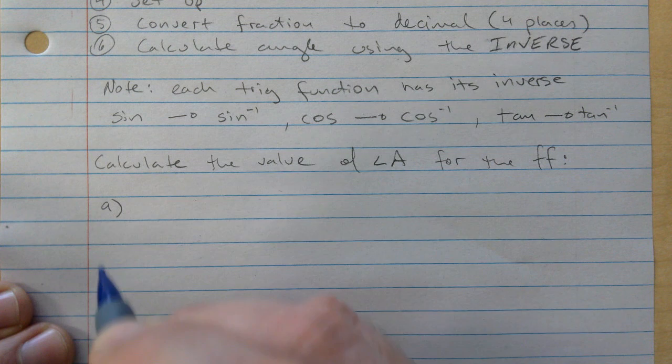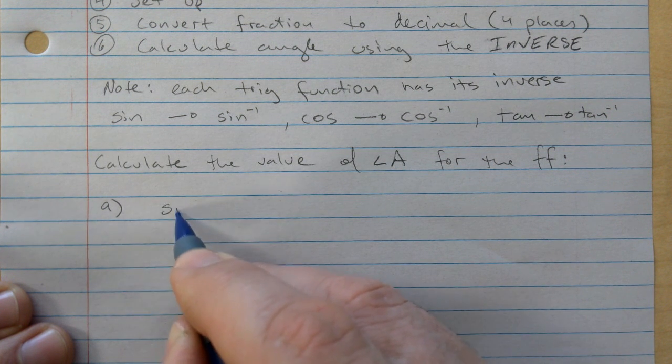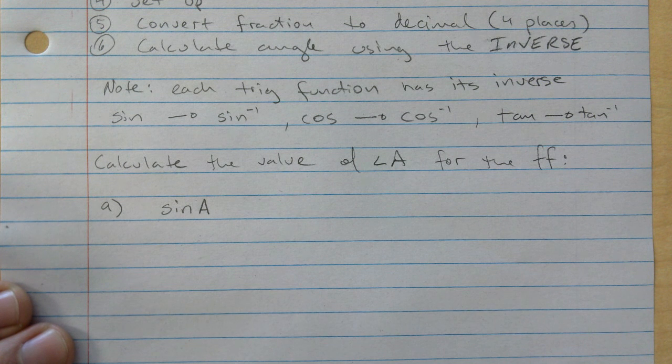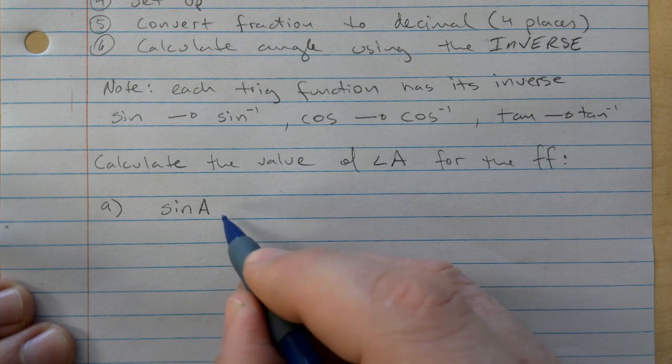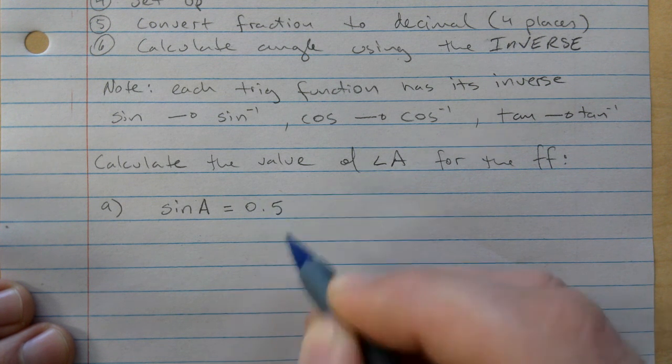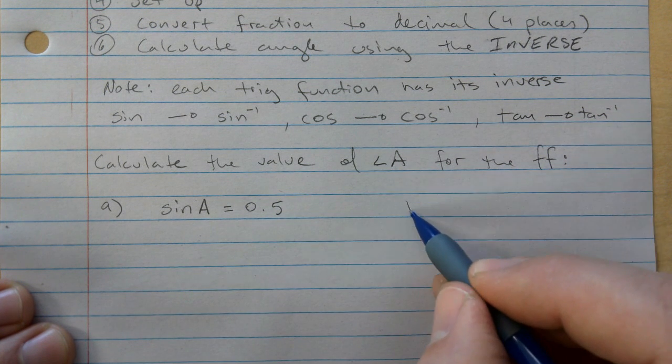So A here, if I gave you sine of A, and notice that an angle could be a capital letter, or it could be theta, which is that circle with a line in between, also a letter, but a Greek letter. So it depends on the worksheet that you get. So if you have sine of A and you get 0.5, that's going to be the first question here.